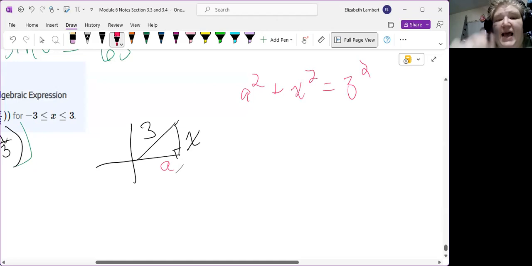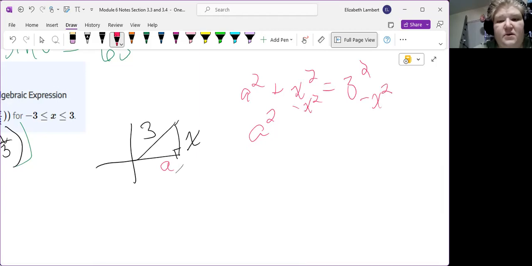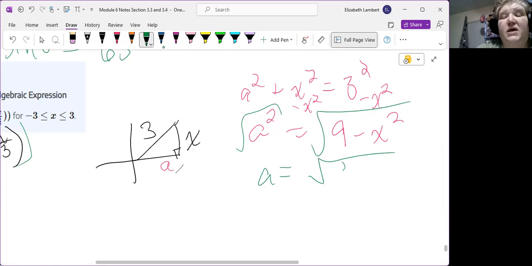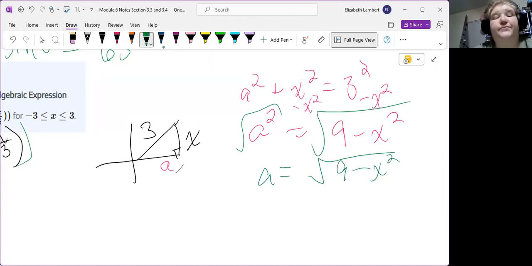So our third side is a, so I want to get a by itself. So it's going to look a little weird. Minus the x squared. So I have a squared equals 9 minus x squared. So a equals the square root of 9 minus x squared.